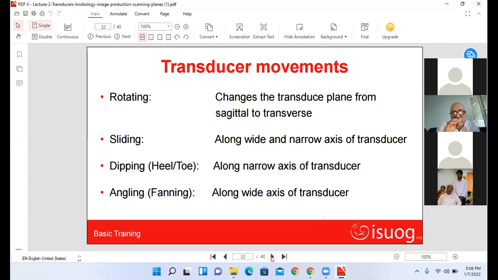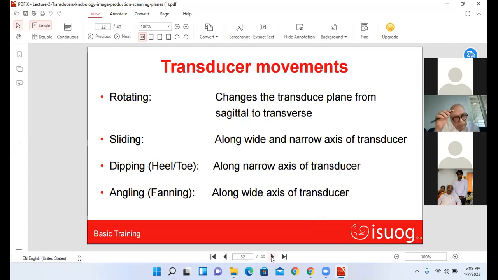Then sliding movement is very important because some of our colleagues or some of our teachers, or even I sometimes, do an anomaly scan very quickly using the sliding technique.